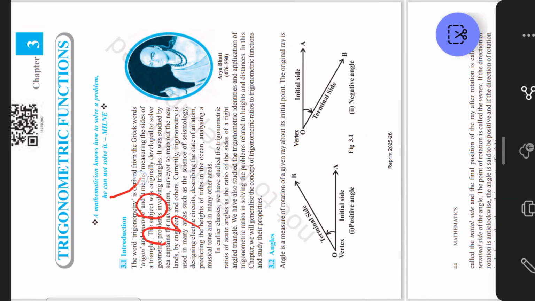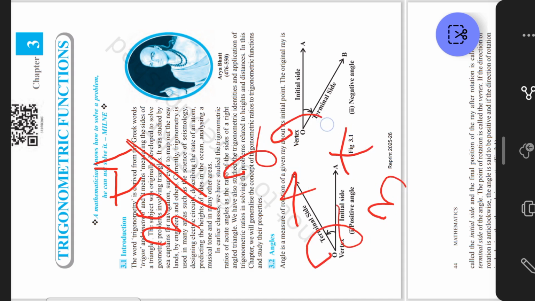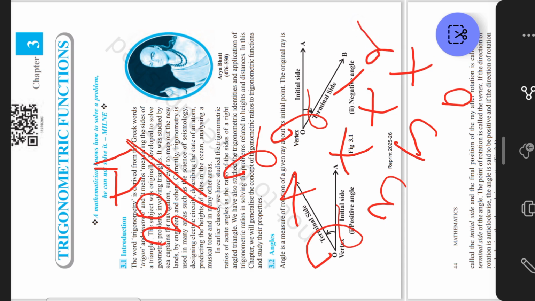The third chapter is trigonometric functions. You know that trigonometric functions is a very high voltage chapter in your midterm examination, totally 30 marks. It has 2 MCQ, 1 fill in the blanks, and also 2 marks, 3 marks, and 5 marks questions. 6 marks 2 questions are repeated every year from this chapter.